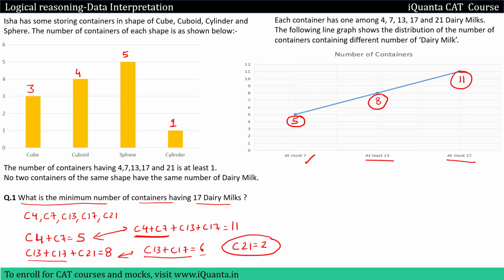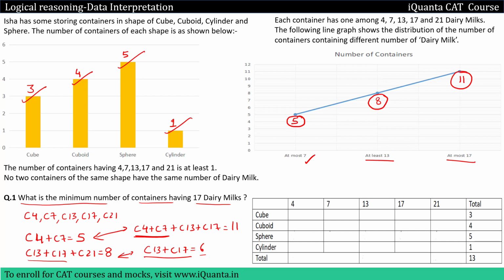Now I also need to take into account the number of containers of these different shapes. So we have 3 cubes, 4 cuboids, 5 spheres and 1 cylinder. So I'll form a table here in which I'll write down all the types of containers. I'll also relate the number of chocolates that these different shapes of containers are having. So let me form such a table over here.